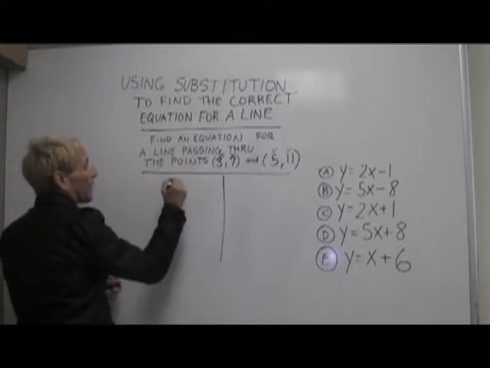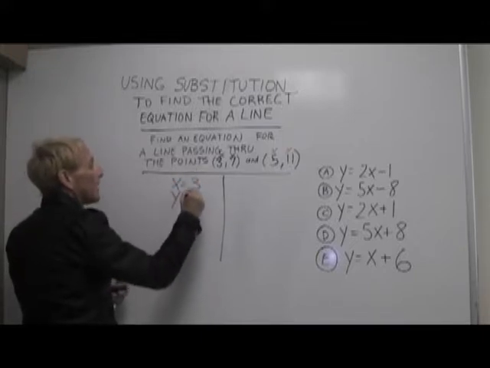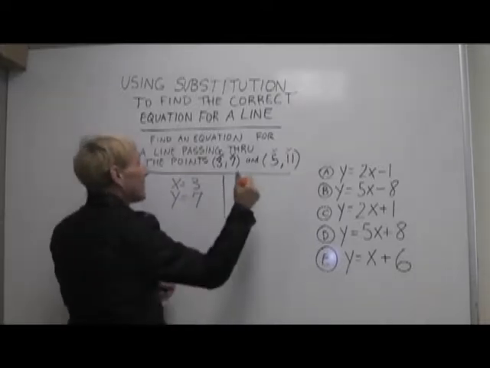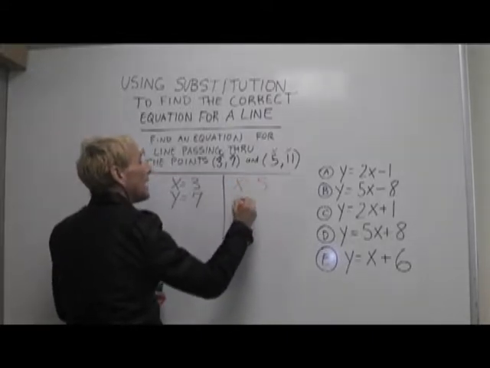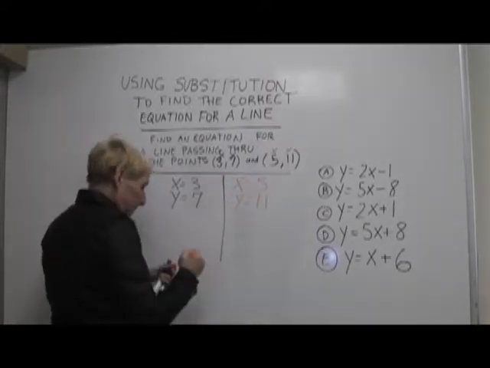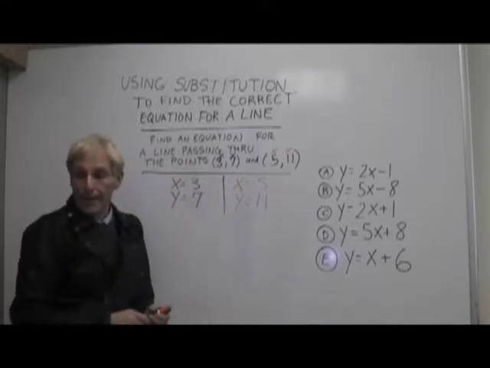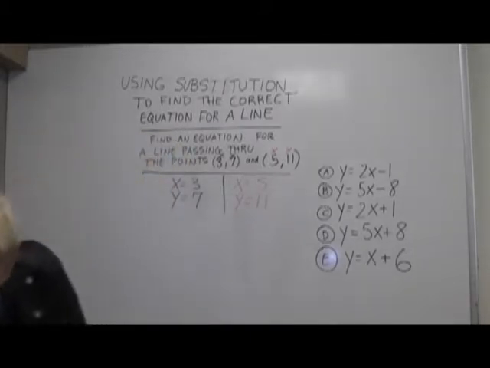So we are given x equals 3 and y equals 7. And also we're given x equals 5 and y equals 11. And I will try these for both points, and then we will see which ones work for both.